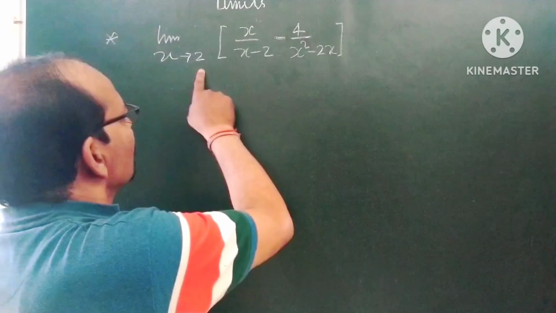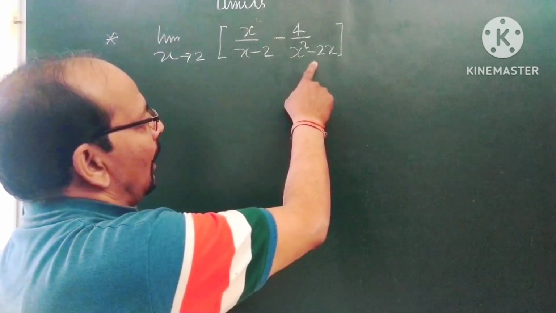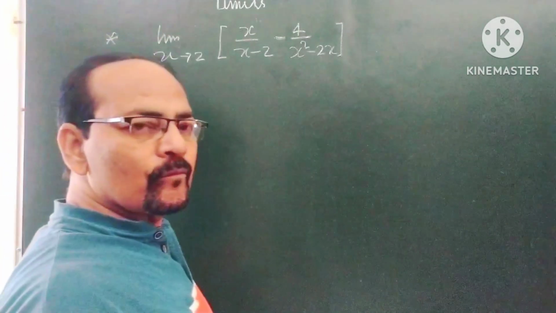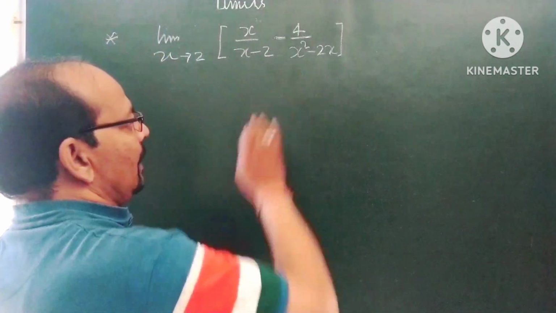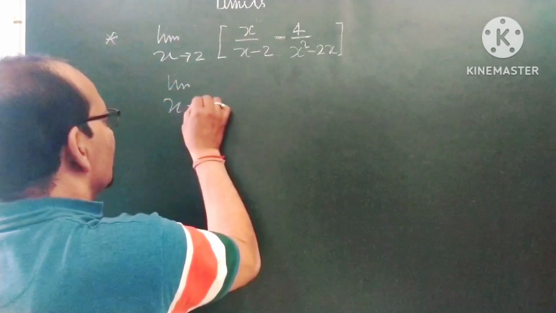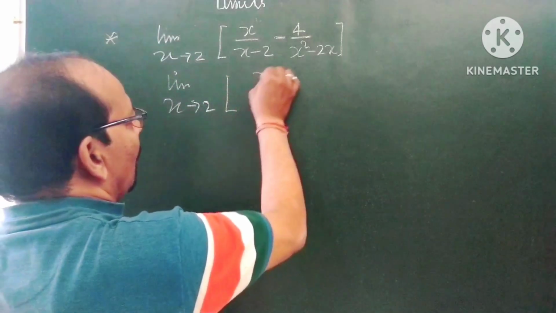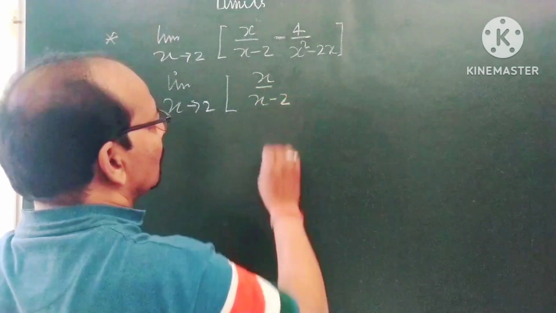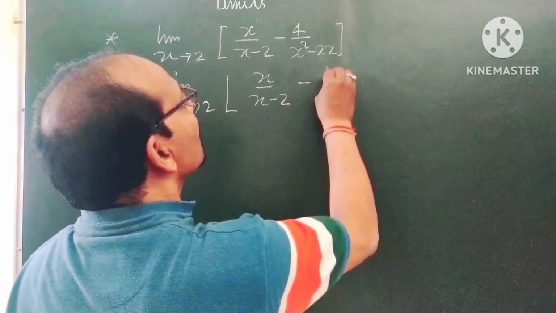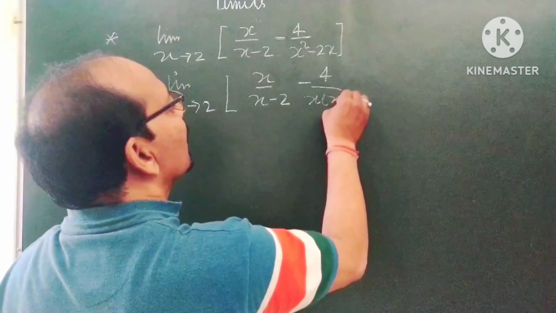If x tends to 2, put it here, there will be 0 and 0. Therefore, first we simplify this. Therefore, limit x tends to 2, x by x minus 2 minus 4 by, take common x, it will be x minus 2.